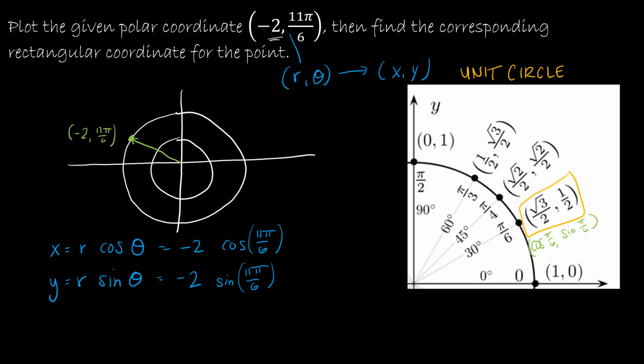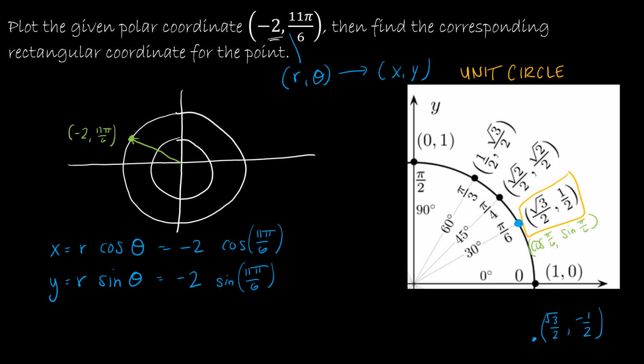Now, why is that important? Because I'm looking for 11 pi over 6. So what does that have in common? Well, this point, radical 3 divided by 2, comma 1/2, down here would be radical 3 over 2, comma -1/2. Why? Because it's in the fourth quadrant. So the first value, the x value, is positive and the y value is negative.